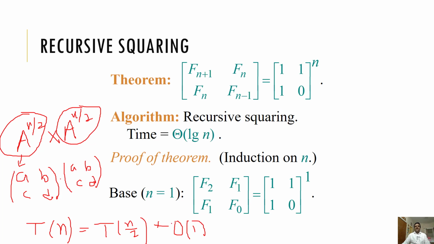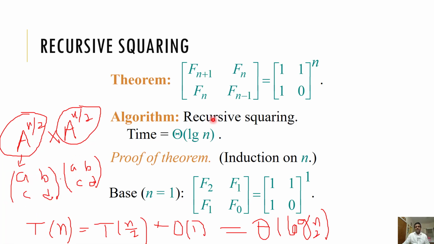That is the recurrence for powering a number, and the solution is big theta of log n, log n base 2.